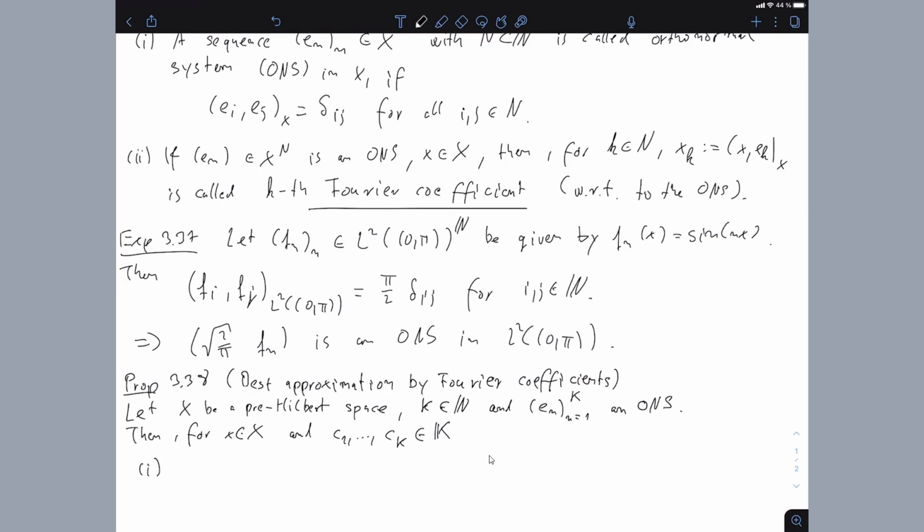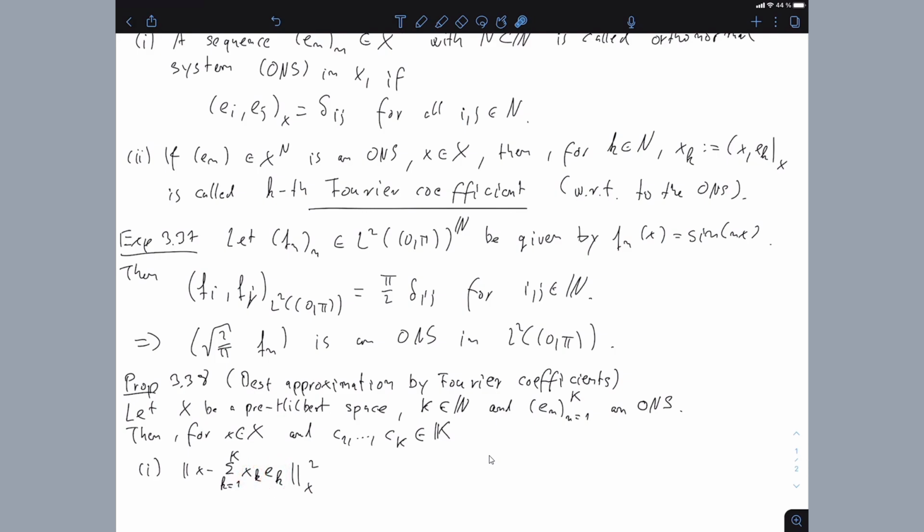The first statement says something about the difference of x to the sum of these orthonormal elements scaled by the coefficients.